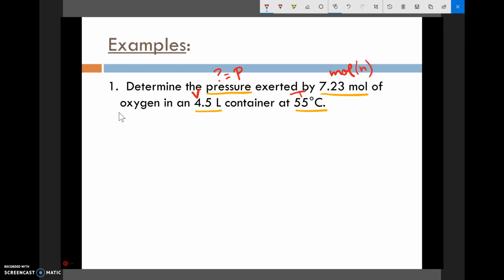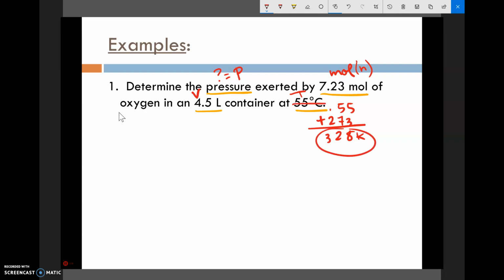So pressure is going to be in atmospheres. Moles is correct. Liters is correct for volume. But what does temperature need to be in? Remember, it needs to be in Kelvin. So we're going to take 273 and add it to the 55. So we're going to get 328 Kelvin for our temperature. So that's the temperature we're going to use, right there.